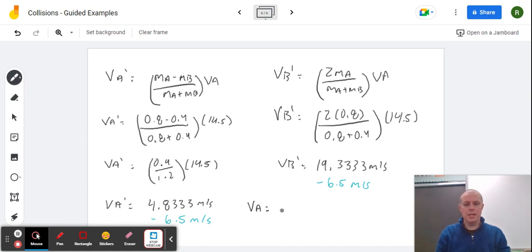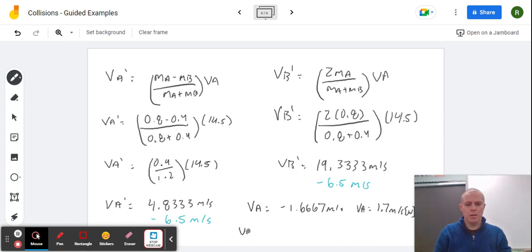That means VA is going to be negative 1.6667 meters per second. Or we can just say VA is 1.7 meters per second west.